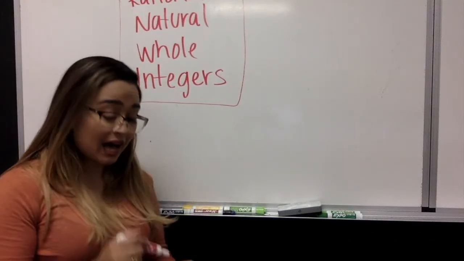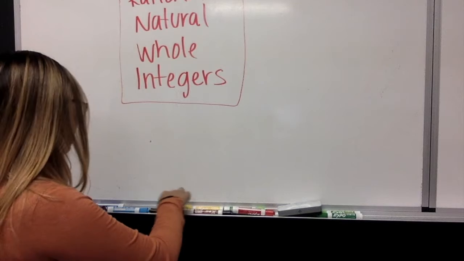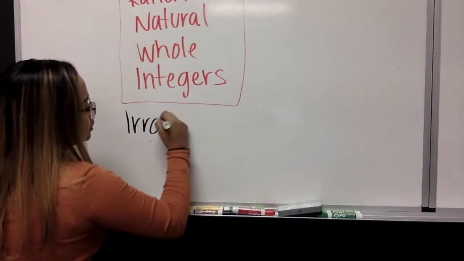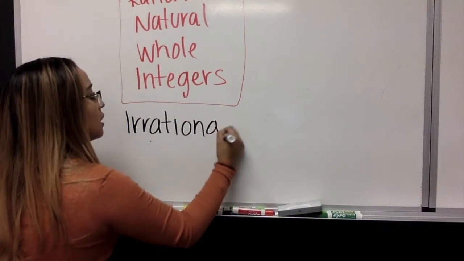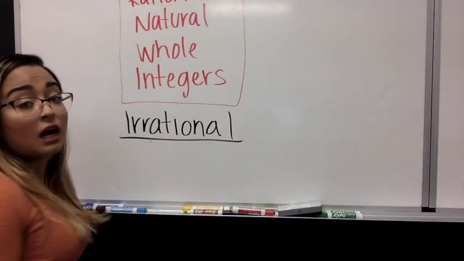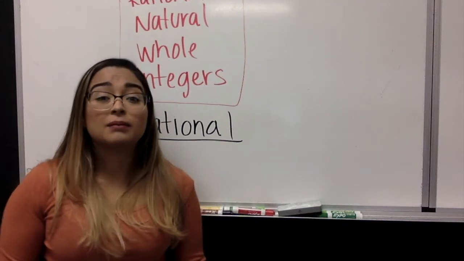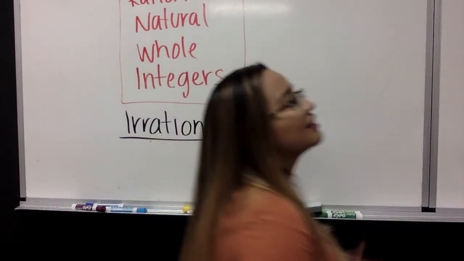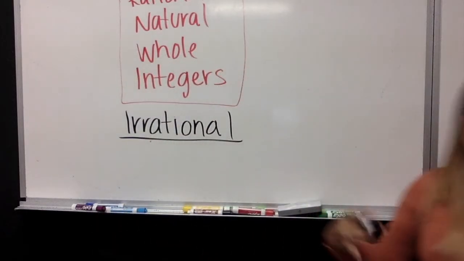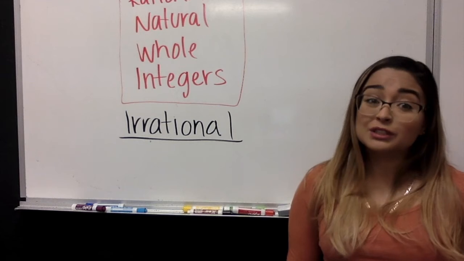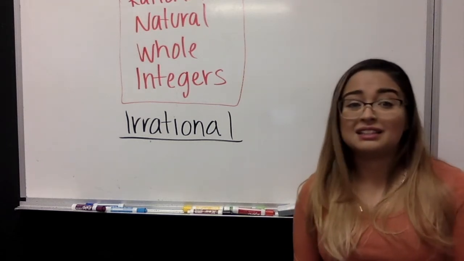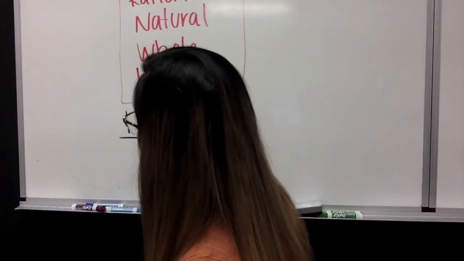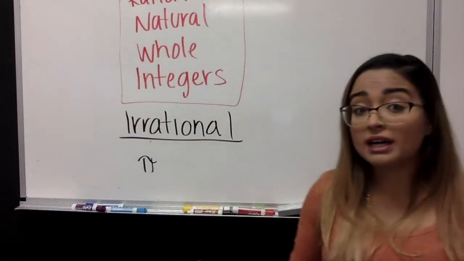We also have irrational numbers. Our irrational numbers are numbers that keep on going on and on without stop, without any pattern whatsoever. It's just a mess. It's like pi. That is one of our examples of an irrational number.